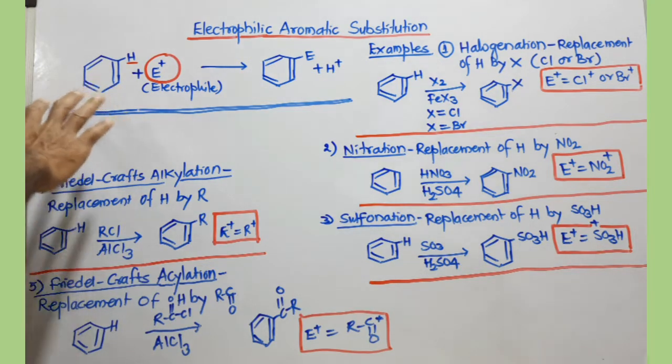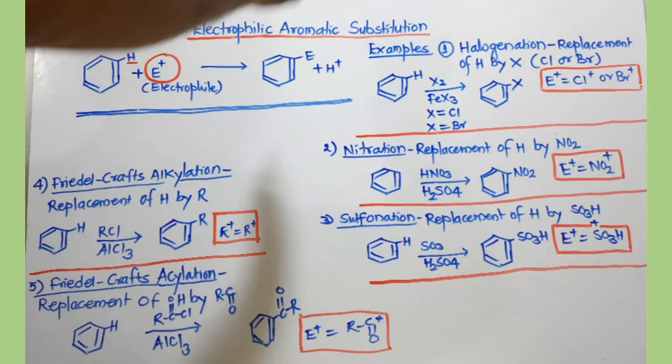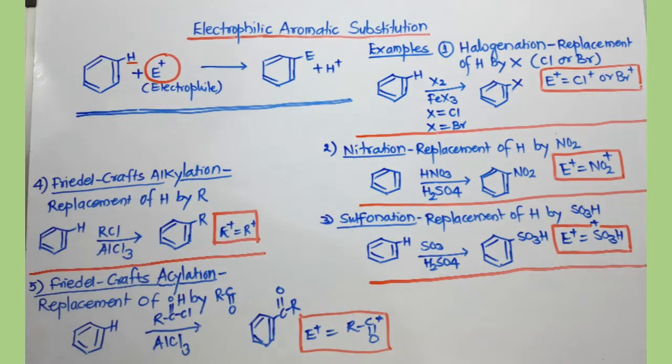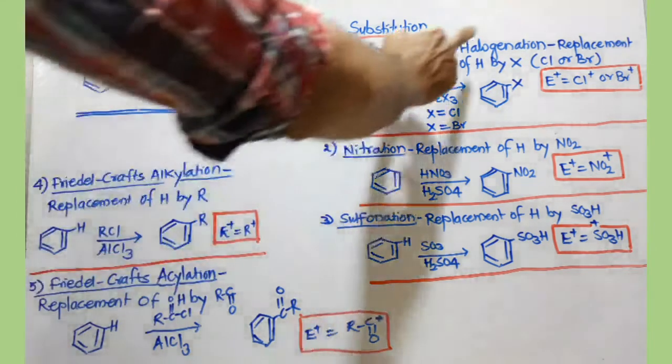Here, in the case of benzene, we have to consider only 5 very popular reactions. First is halogenation.